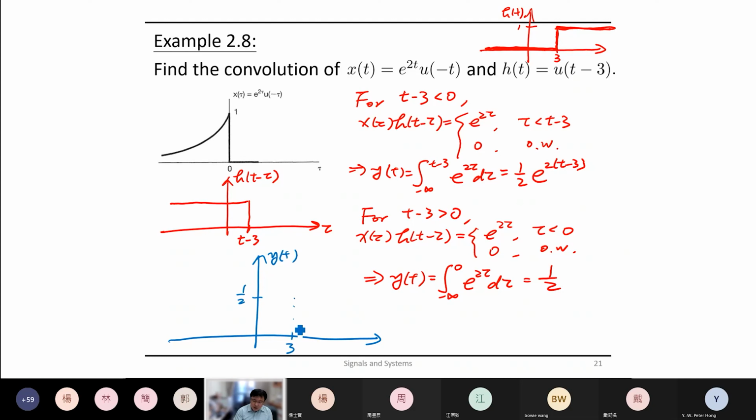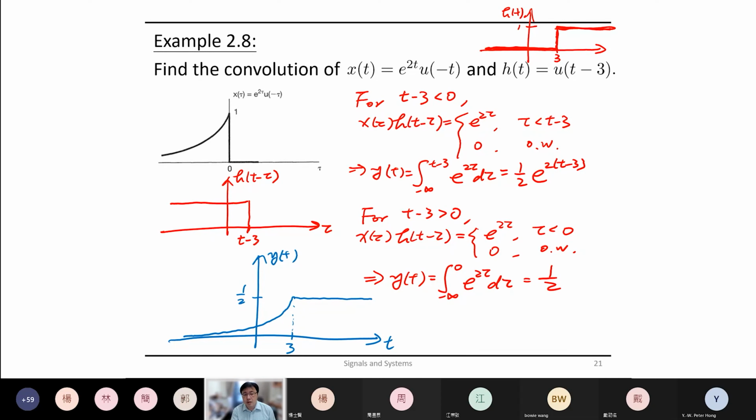So you get something like this, that is 1/2 for t greater than 3, and then exponentially increasing up to time 3 for t minus 3 less than 0. Okay. All right. So do we have any questions?